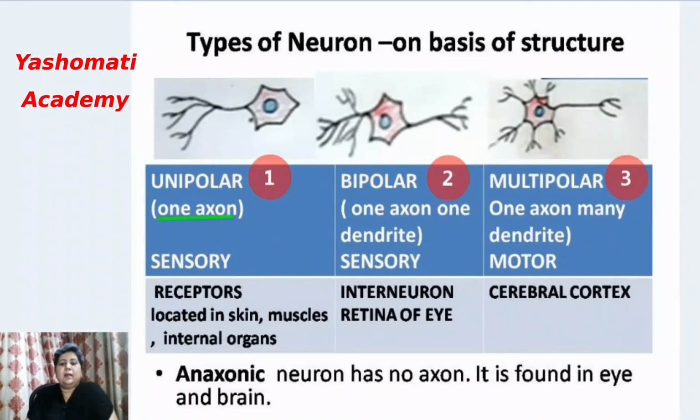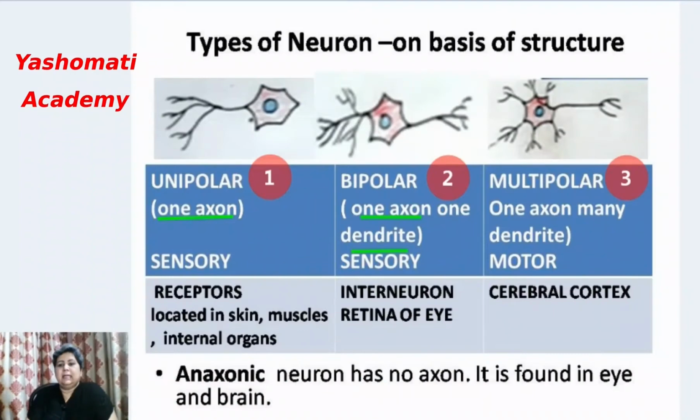And bipolar are those which have one axon and one dendrite, because we have already understood that axon and dendrite both can form the synapse. So these are the two ends where the information can be communicated to other neurons.